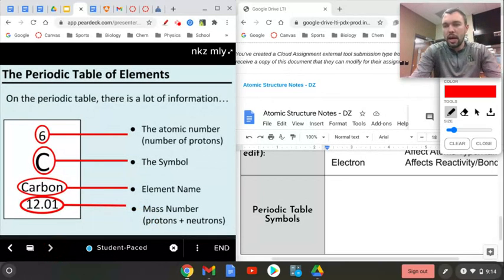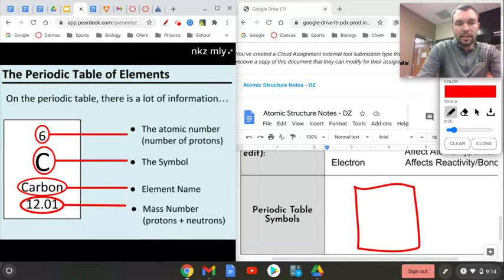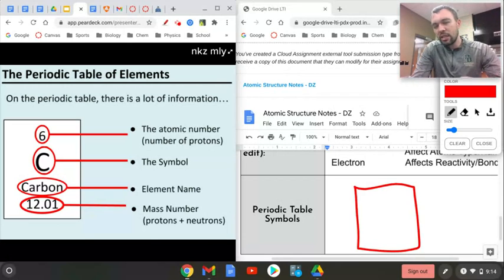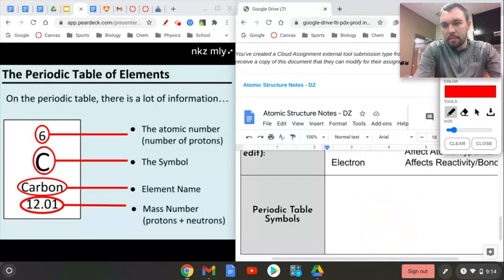All right, periodic table. So this is what it will look like on the periodic table. We'll have these boxes. We'll have the atomic number. Sometimes it'll be slightly to the left or slightly to the right. So we'll have carbon here. This 6 might be up there, or in some periodic tables, it might be over here. Generally, I think it's over here on the left-hand side.